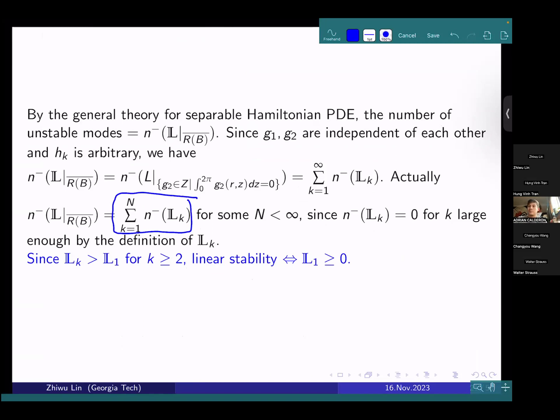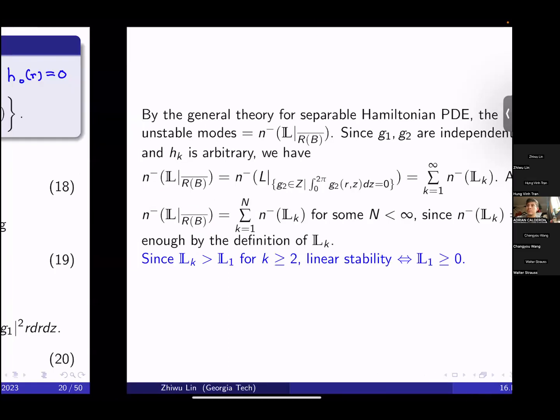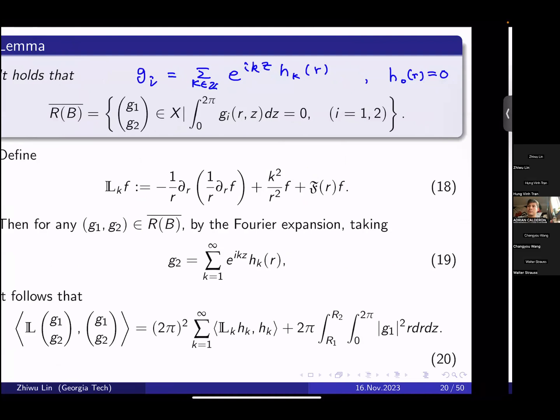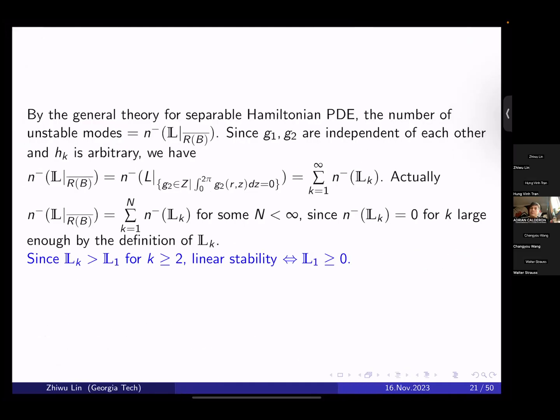And this summation is a finite summation, because if K is large enough, there cannot be any negative eigenvalue. If K is large, then this term is dominant. This term will be too positive to allow any negative eigenvalue. Okay, so this is the conclusion we can get from the general separable Hamiltonian system.